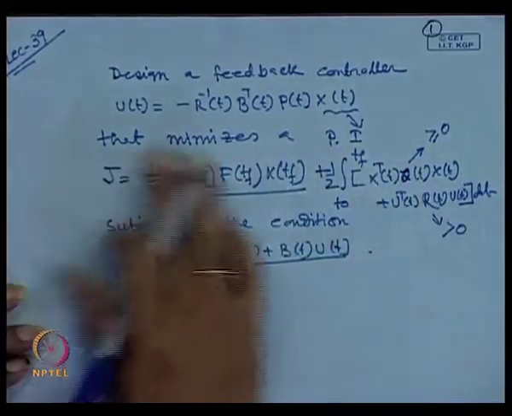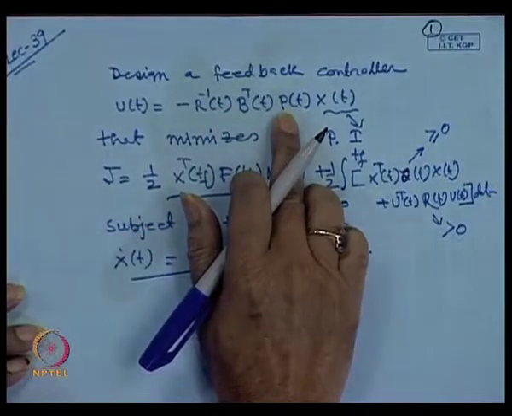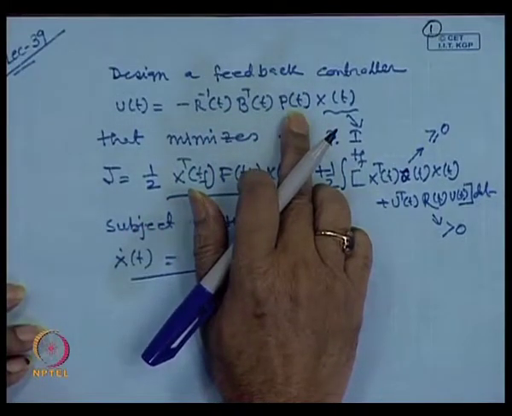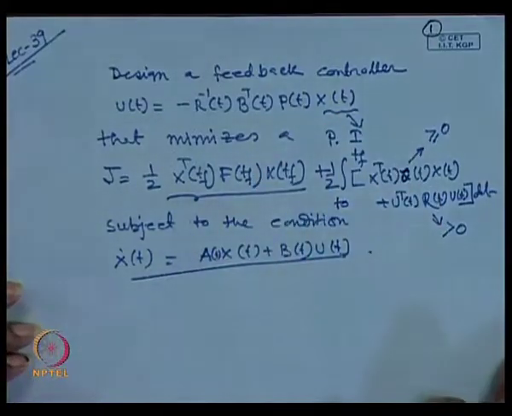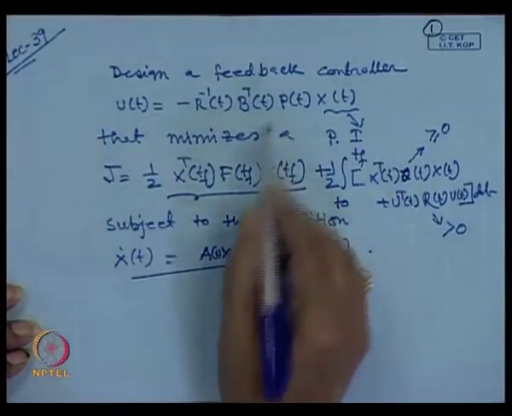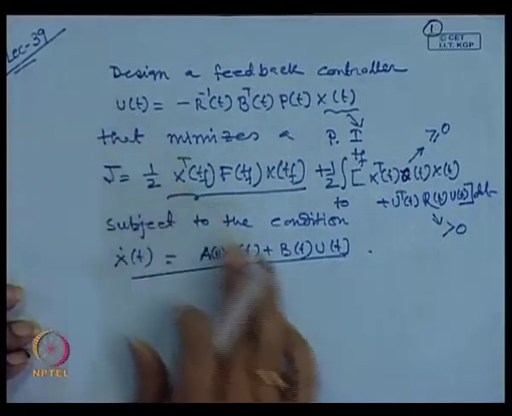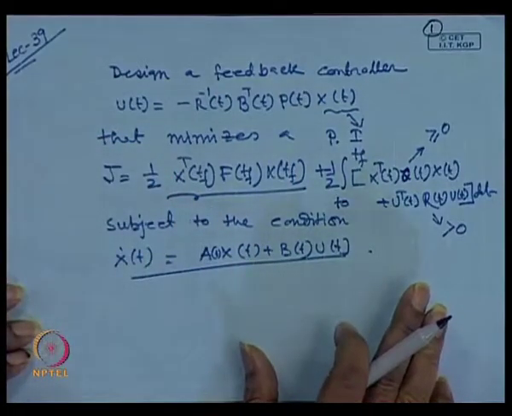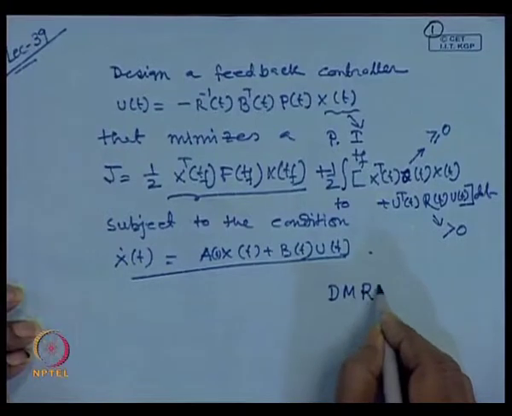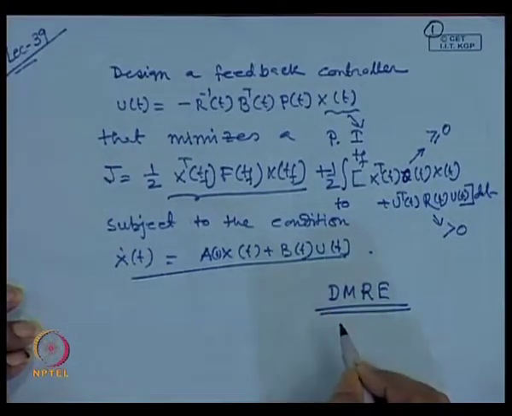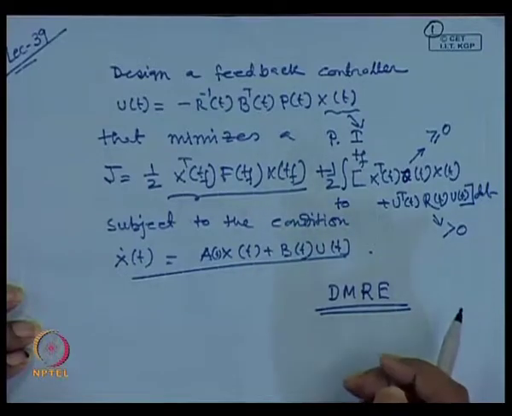And we have derived the expression for P of t for a finite time interval. Now, we have seen that to solve this control law, we need to solve the dynamic matrix Riccati equation, which is a set of dynamic equations coupled to each other, and in general it is a nonlinear differential equation.